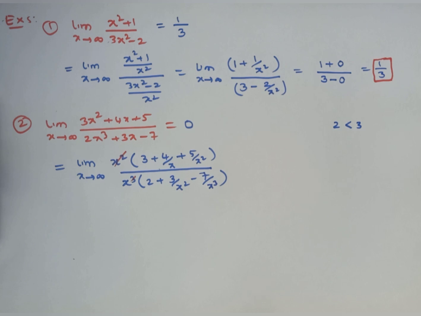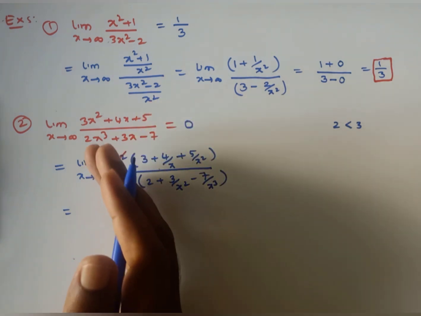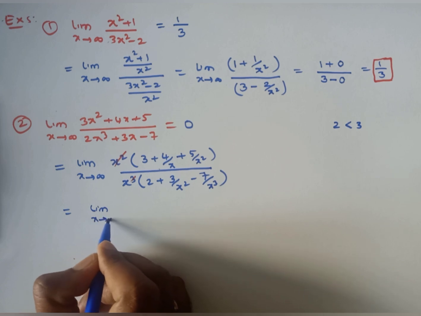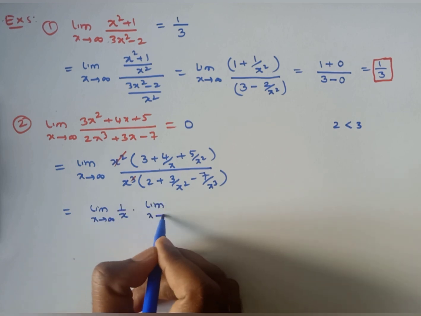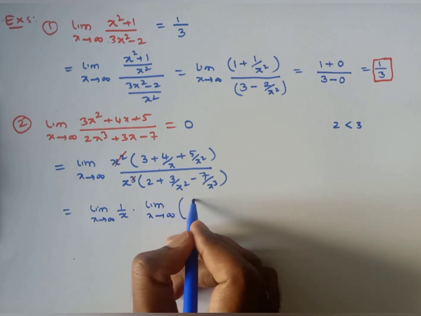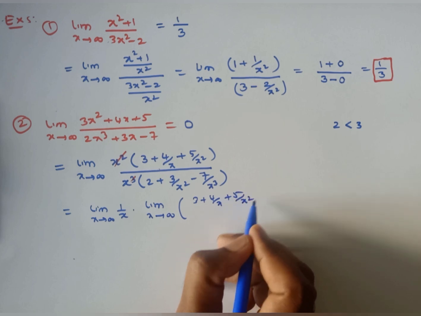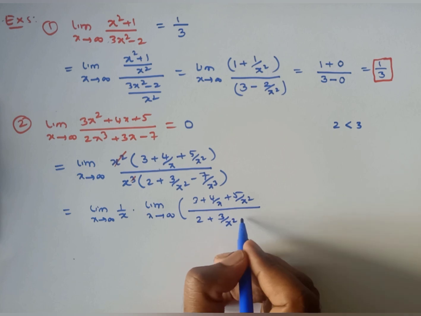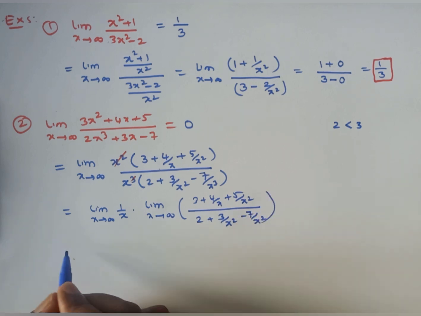So here we have a 1/x term, so it becomes an f into g model. We can write it as the limit of 1/x times the limit of (3 + 4/x + 5/x²) divided by (2 + 3/x² − 7/x³). Now apply the limit.